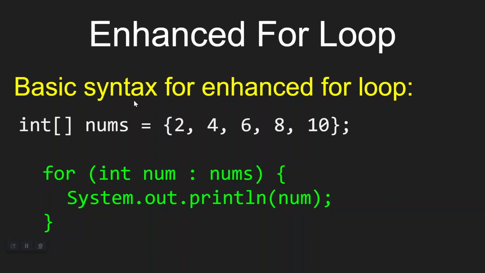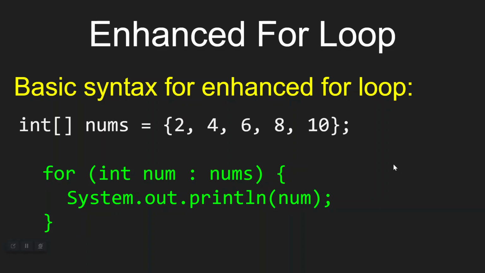Here is the basic syntax for an enhanced for loop. We start with an array of integers called nums, and this is what it looks like. It says for, and then in parentheses, int num, and then we have a colon, and then nums. Close your parentheses. We've got your curly braces, and then System.out.println(num).